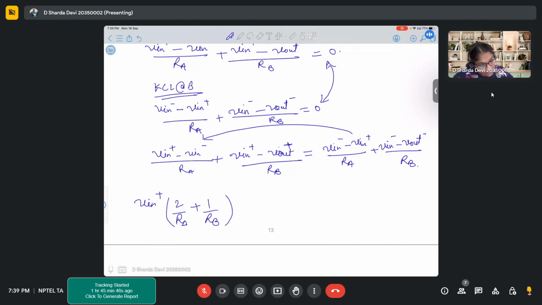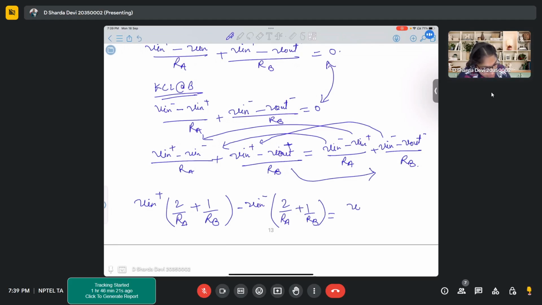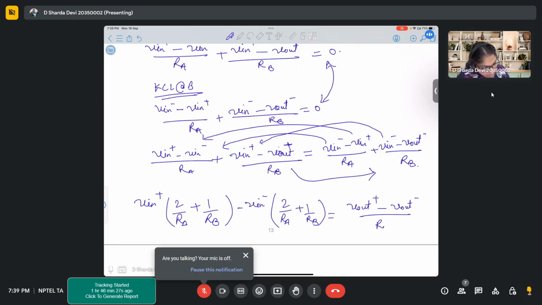And similarly if I bring Vn minus to this side and this one also again to this side, so I will get minus Vn minus (2/RA plus 1/RB) is equal to, I'm sending V out plus to this side, so it will be (V out plus minus V out minus)/RB.